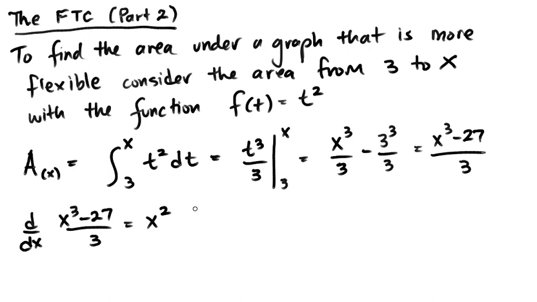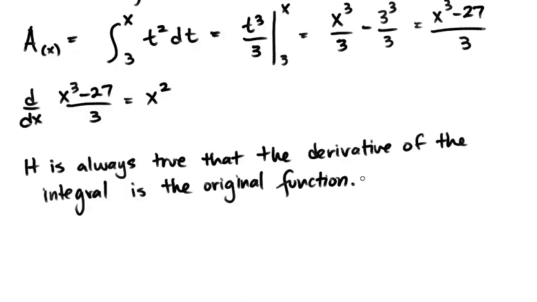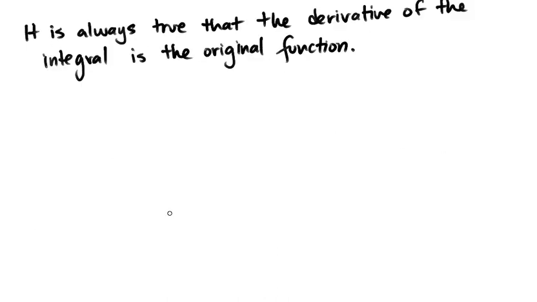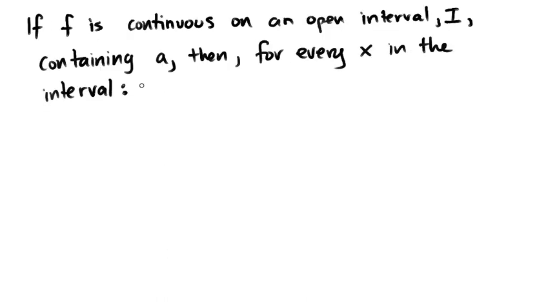And that's always true with integrals and differentiation. So it's always true that the derivative of the integral is that original function. Let's put that down formally. So first of all, we'll start off with f being continuous on an open interval, and it has to contain the value a.